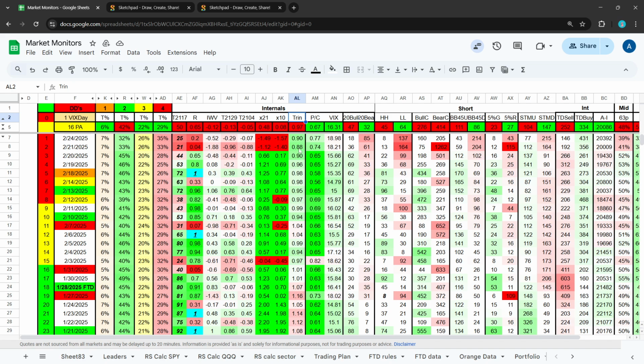So below 1 means more people are buying the ask versus selling the bid. Above 1 means they are selling the bid. Okay, PC is the put call ratio, and I'll take all, so not just equities but the ETFs as well. The VIX, of course, is the fear index.